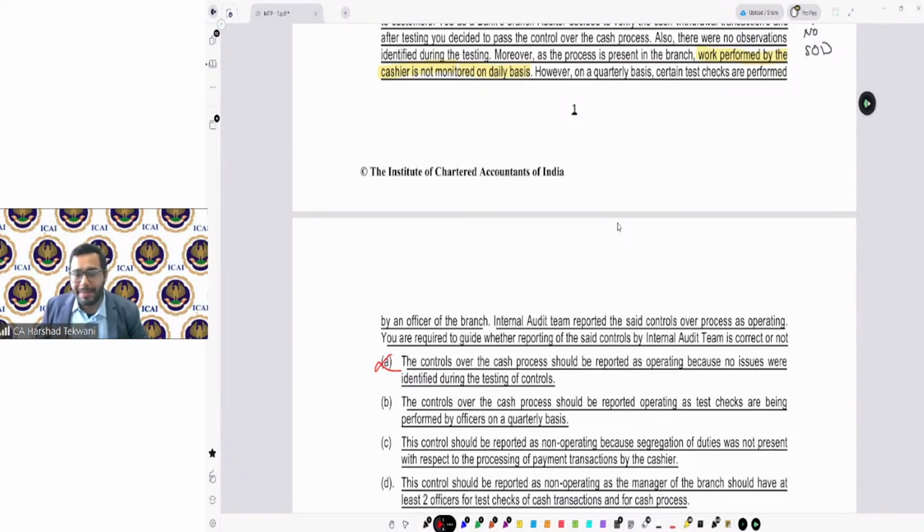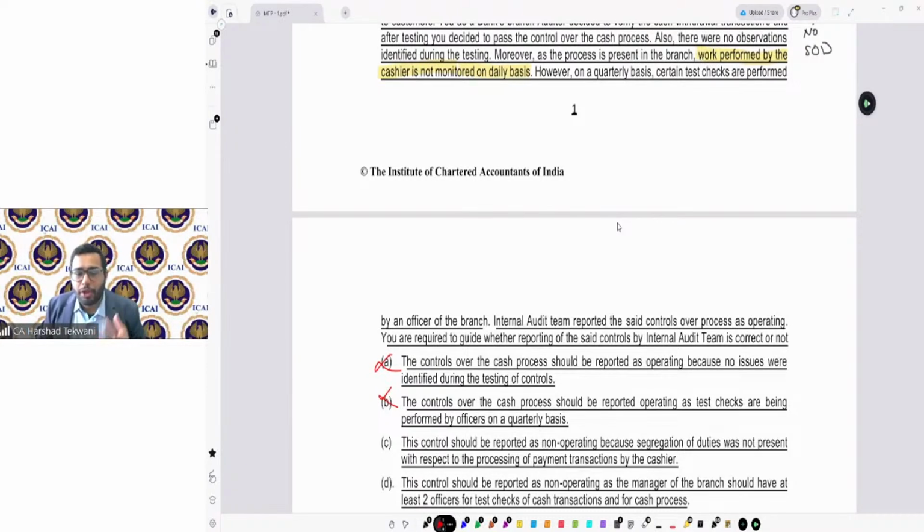Quarterly test checks are not relevant here to decide whether the control is operated effectively or not. I will say a control is operating effectively when I test the control throughout the year, taking samples spread across the year, not only on a quarterly basis. So again, this is not the correct answer.